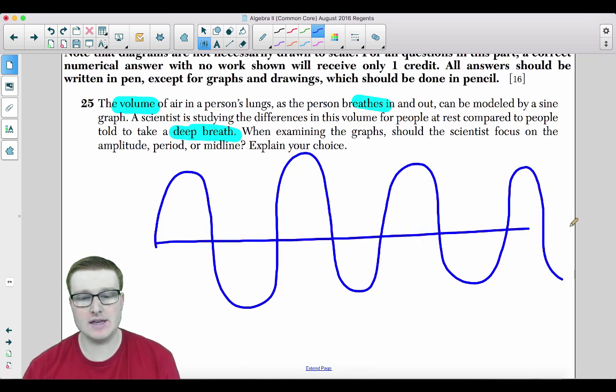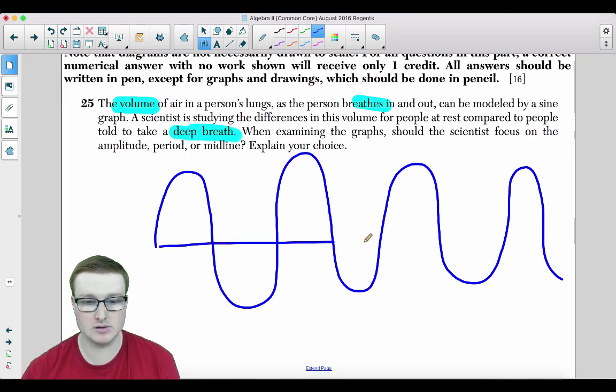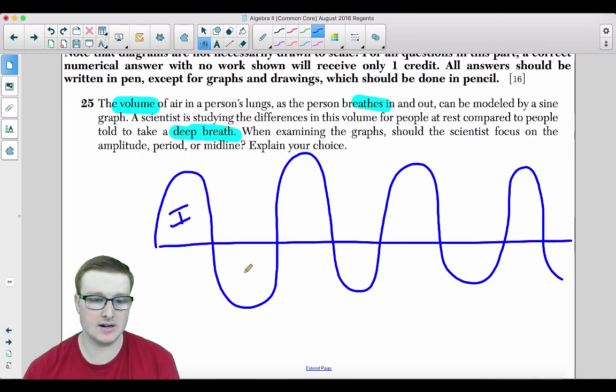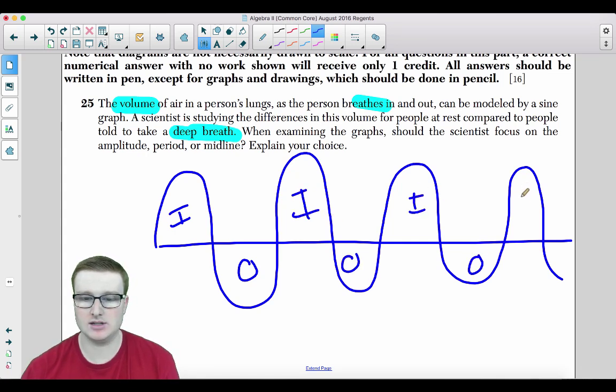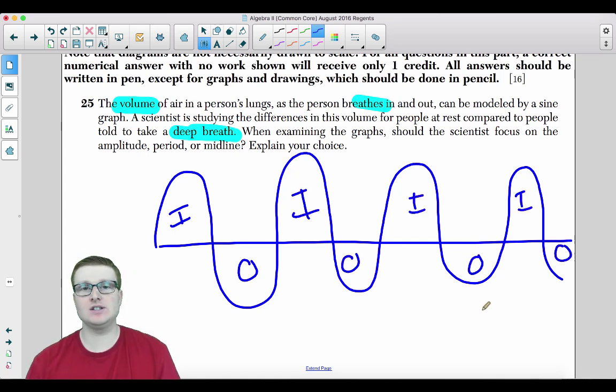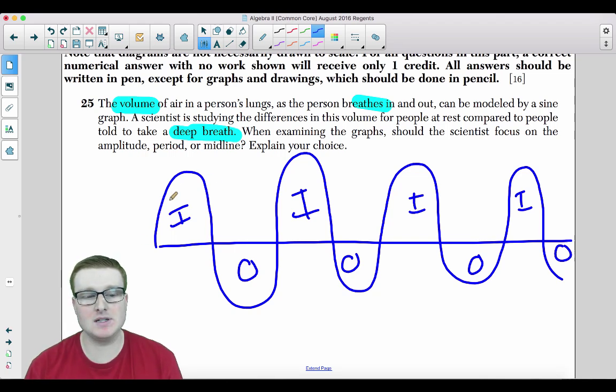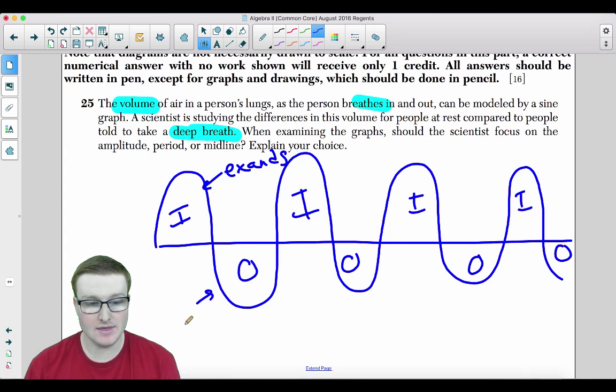So this is the sine graph. The reason why the in is up top is because the volume expands, then the volume contracts when you're breathing out.